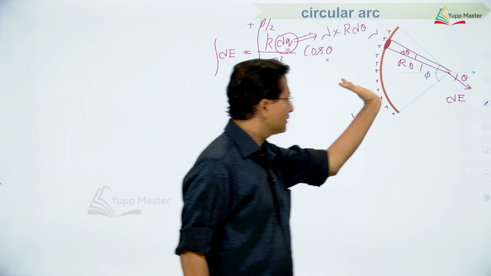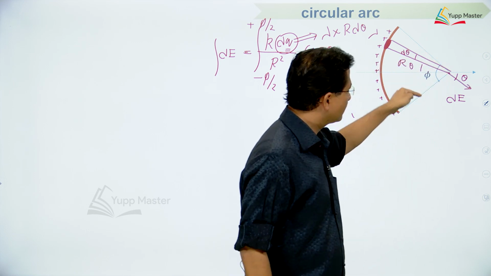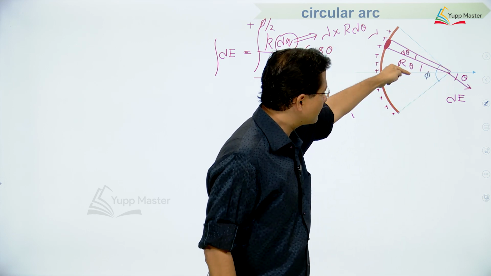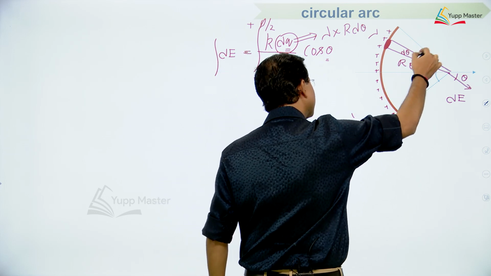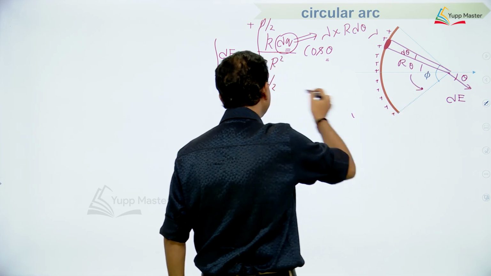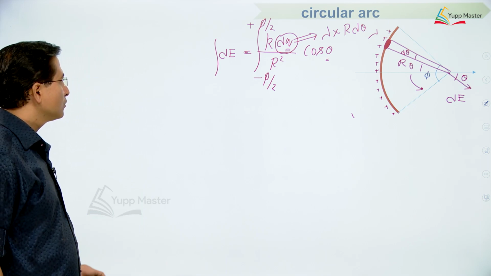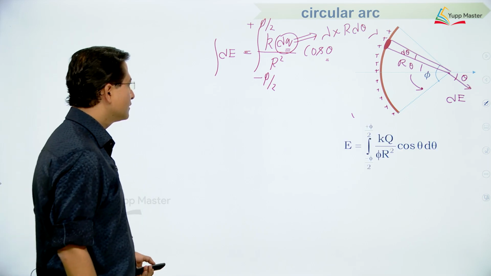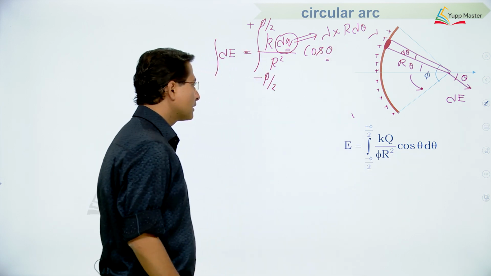In this direction this is phi by 2 and in the opposite direction this is phi by 2. As it is in the opposite sense, this sense I am taking positive, this sense I am taking negative. So this way you have to come, that is why here it is minus phi by 2, right. So if I substitute, then after simplification I will get this one, right.